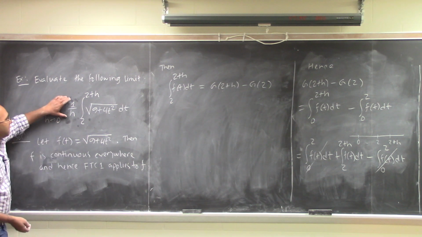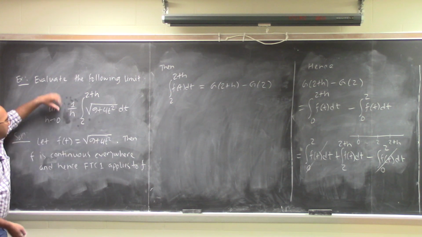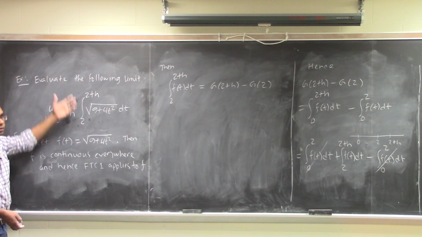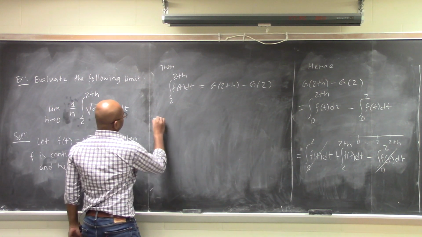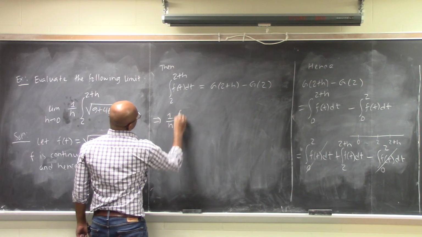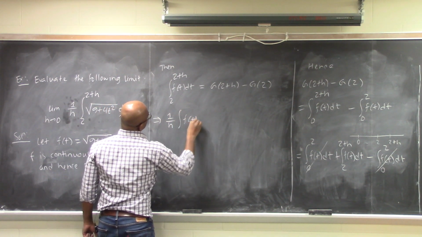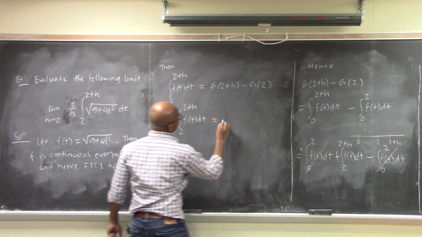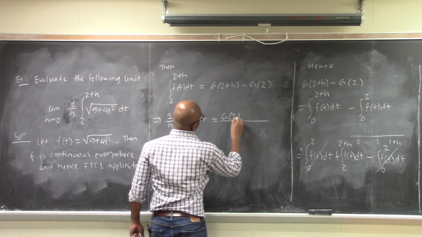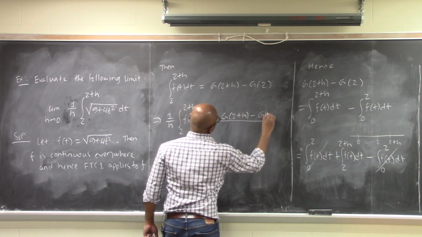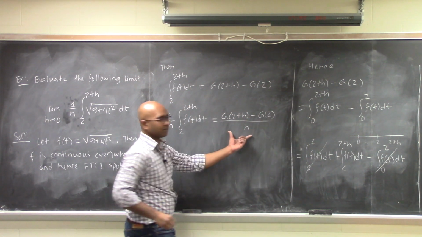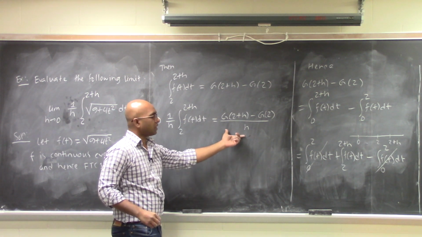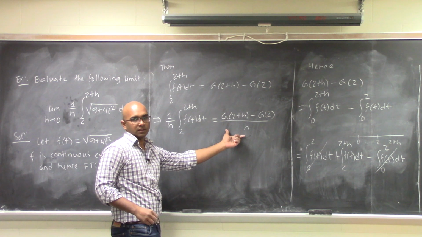And now to get this function, I just need to multiply this by 1 over h. So that means 1 over h times this integration equals the difference quotient of g at h, right? This is the difference quotient of the function capital G.